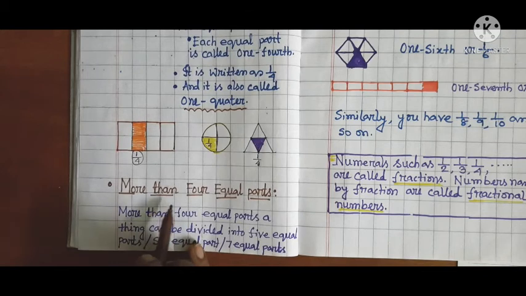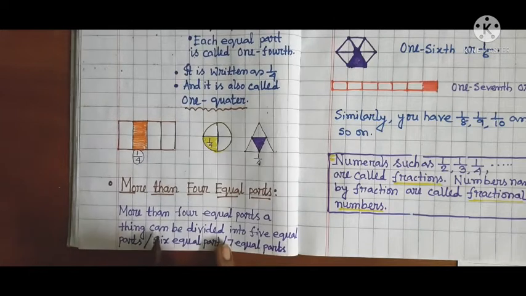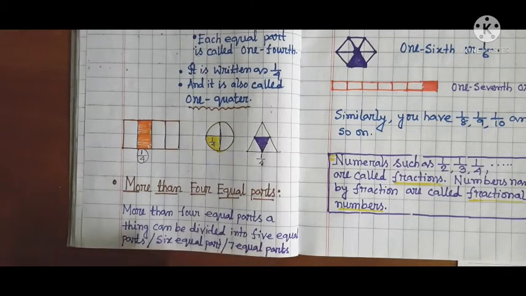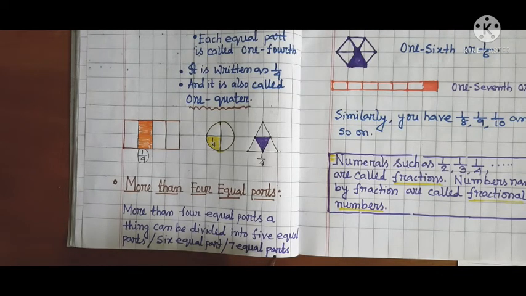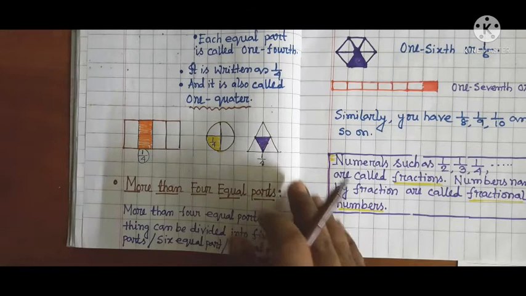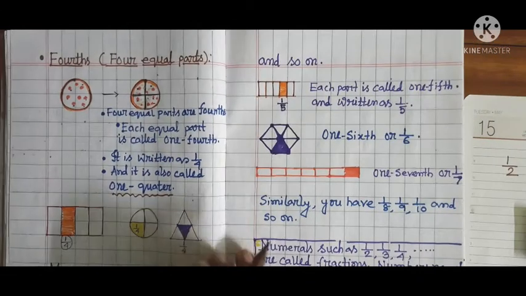A thing can be divided into 5 equal parts, it may be 6 equal parts, 7 equal parts, and so on. A thing can be divided in many ways. It can be 1/3, 1/4, 1/5, 1/6, 1/7, and so on.